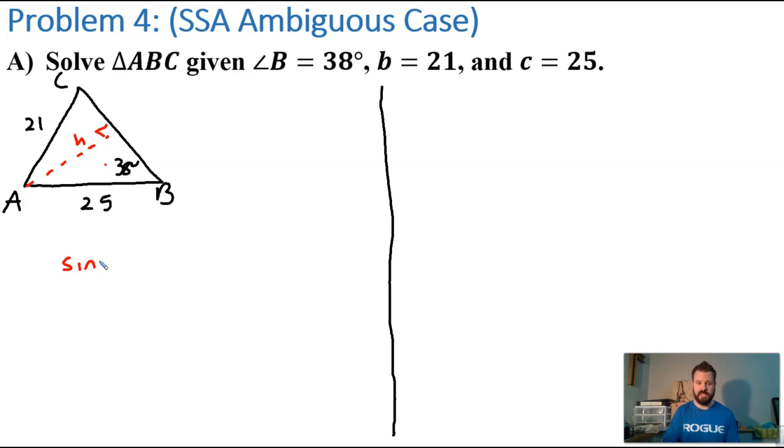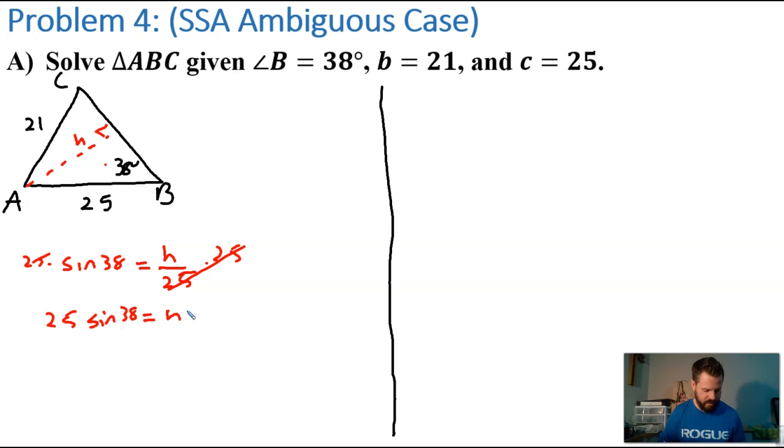So I could set up that sine of 38 is equal to opposite h over hypotenuse 25, and multiply both sides by 25 to give me h is equal to 25 sine 38. When I plug that in, I end up with 15.4.